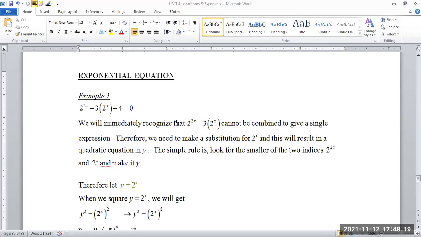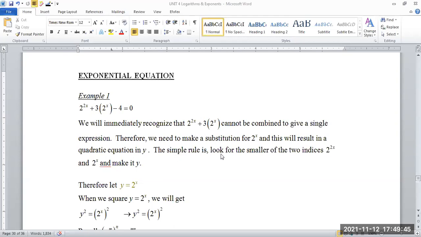So there is really no law to this. So in order for us to get that question out of the way, we will have to do some substitution. So look at how I'm going to be substituting now. We're going to make a substitution for 2 to the x, and this will result in an equation in y.